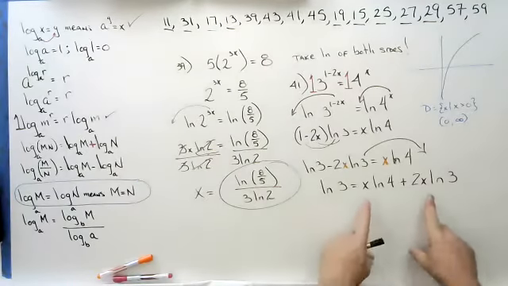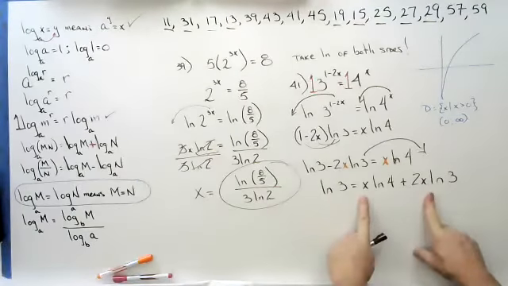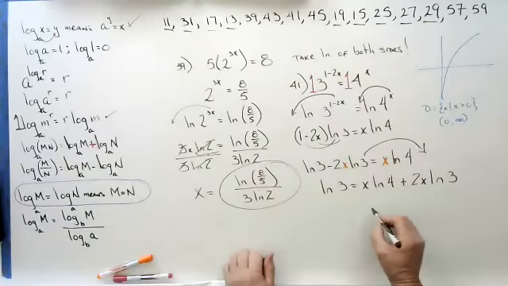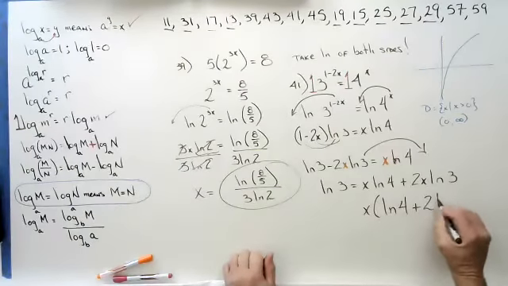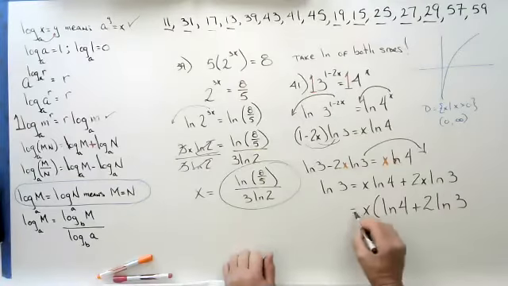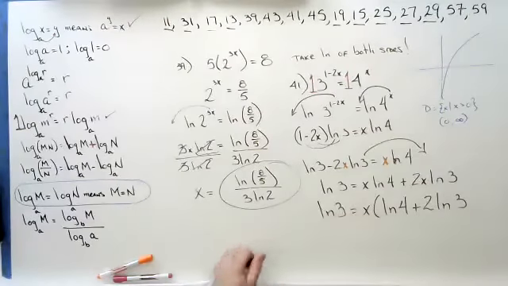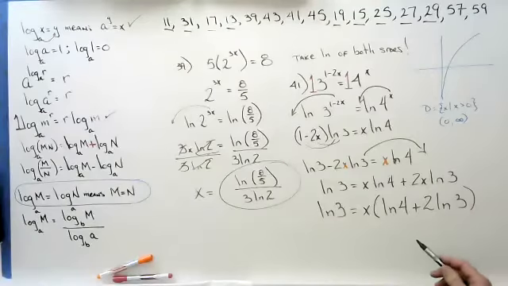Now, you have two x's. You know how to make two x's into one x. You factor it out. I get it, it doesn't look good. You know how to make this go to that side. You divide.